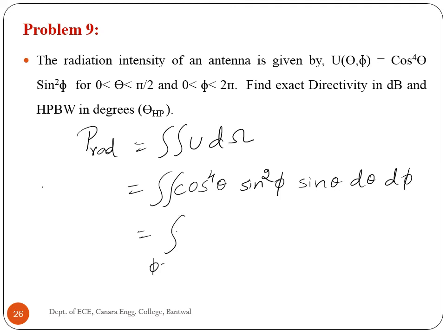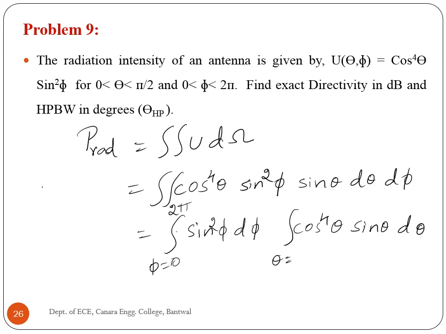Integration of sin square phi d phi when phi is equal to 0 to 2 pi, and integration of cos to the power 4 theta sin theta d theta when theta is equal to 0 to pi by 2.